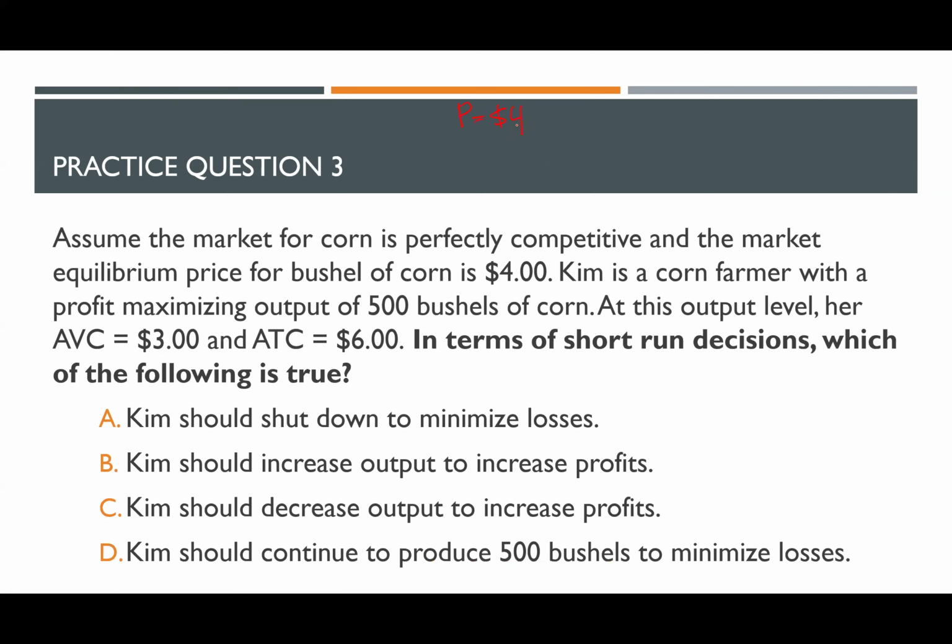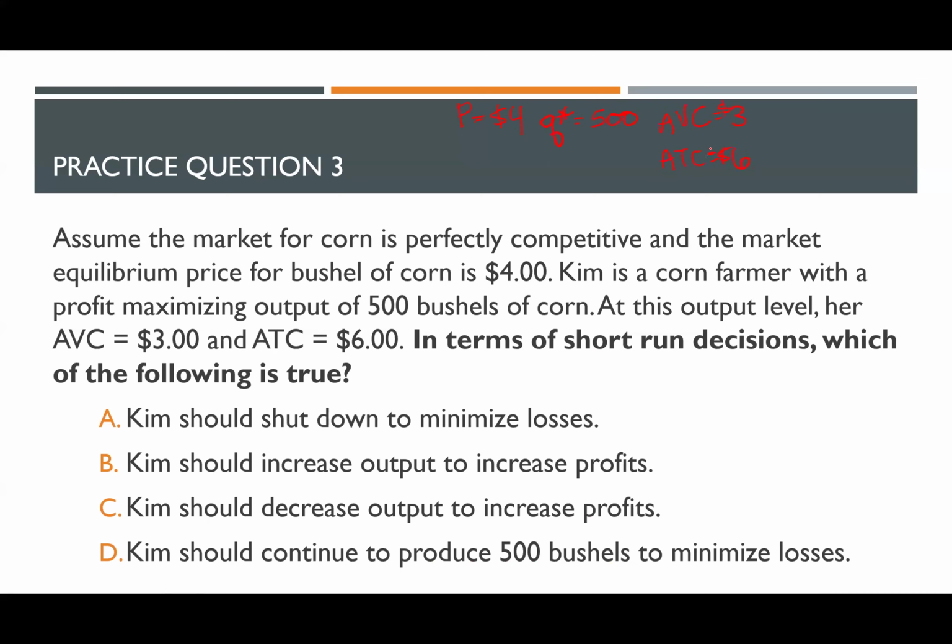Kim's still a corn farmer, and her profit maximizing amount of corn is still 500. That's Q star. Her average variable costs are $3, and her average total costs are $6, right?